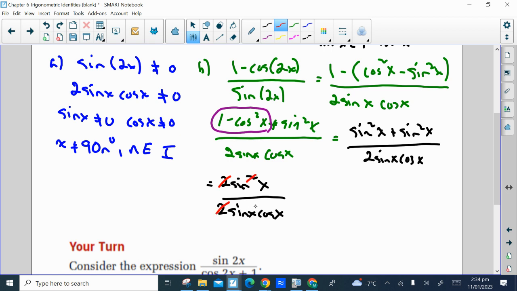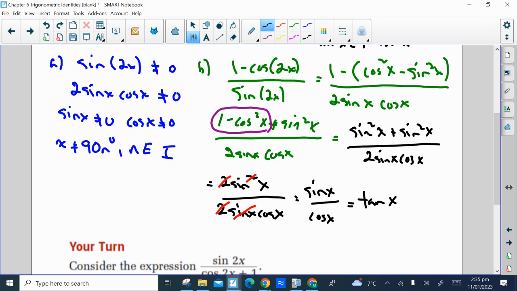We can divide top and bottom by 1 factor of sine x. And that leaves us with sine x on top over cos x on the bottom, which is tan x. So we've simplified it down into a single trig function, one of the 3 primary trigonometric functions. That's what it's simplified down into, tangent of x.